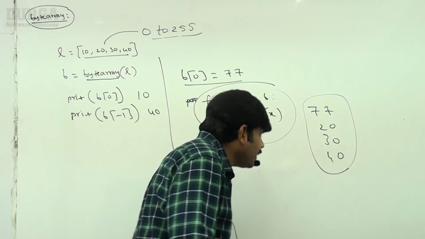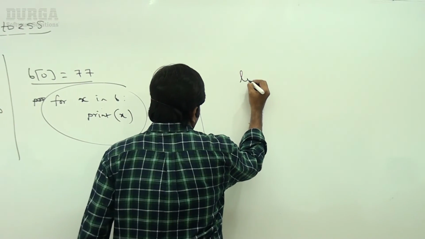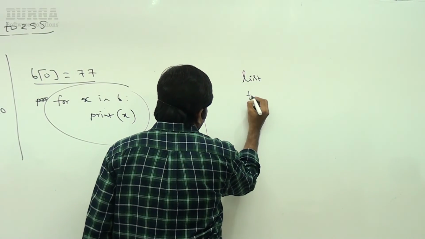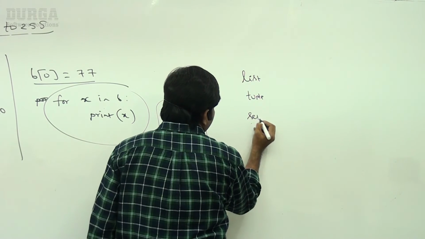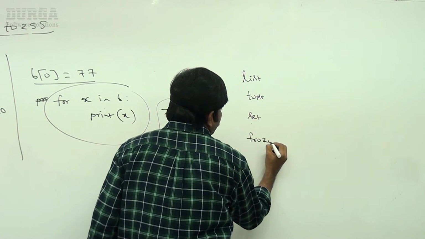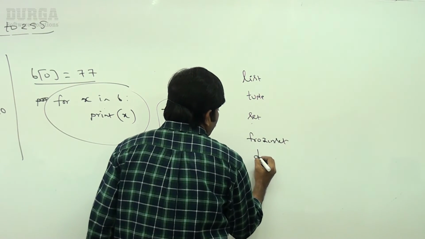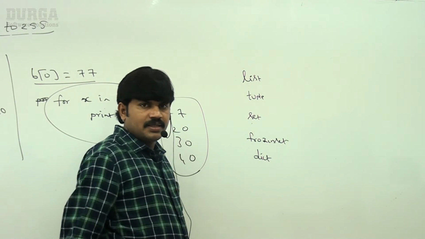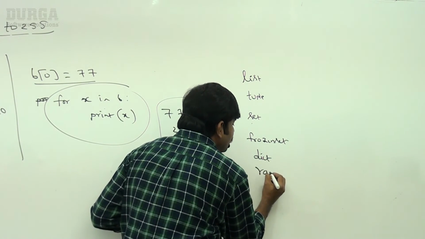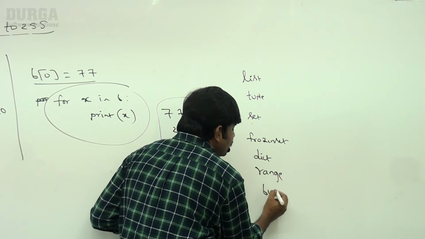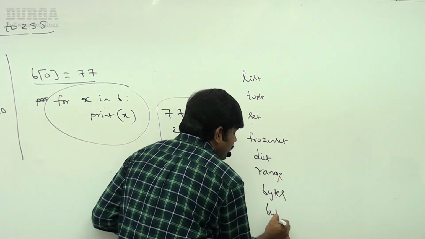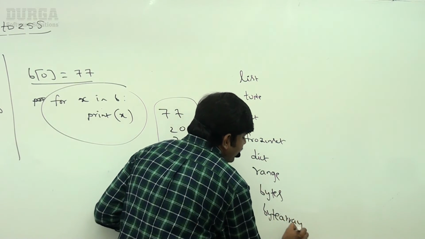Now I have one small point. We discussed the list concept, tuple concept, set concept, frozenset concept, dict concept, now the range concept, next bytes and byte array. All these data types we discussed.